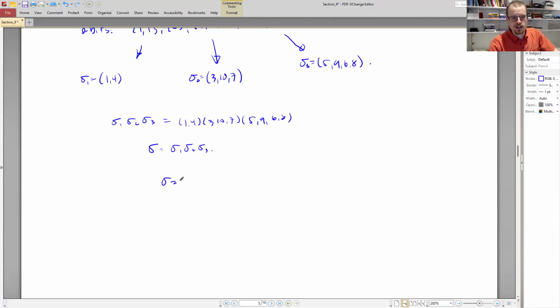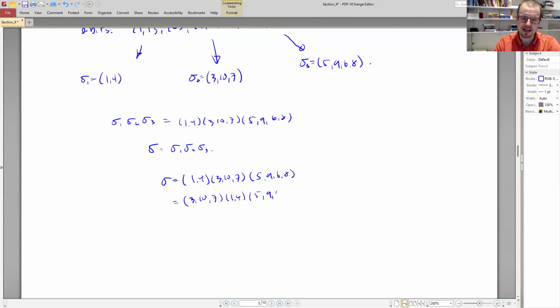So I can write sigma itself as (1 4)(3 10 7)(5 9 6 8), and it doesn't matter if I write this as (3 10 7)(1 4)(5 9 6 8), because I haven't changed what's happening. I'm taking 5 to 9, 9 to 6, 6 to 8. That's still true here. I'm taking 3 to 10, 10 to 7, 7 to 3. That's still true here too. Because they're disjoint, I can order them however I want. If they're not disjoint, then we cannot order them however we like.